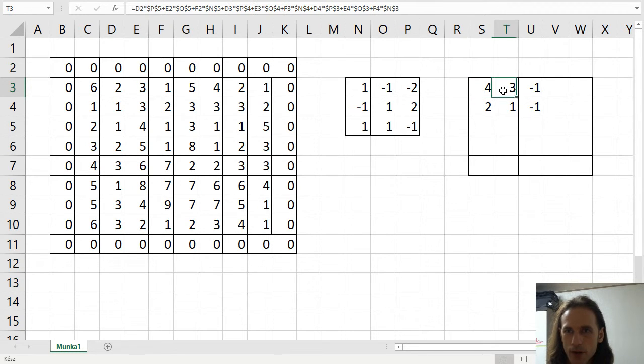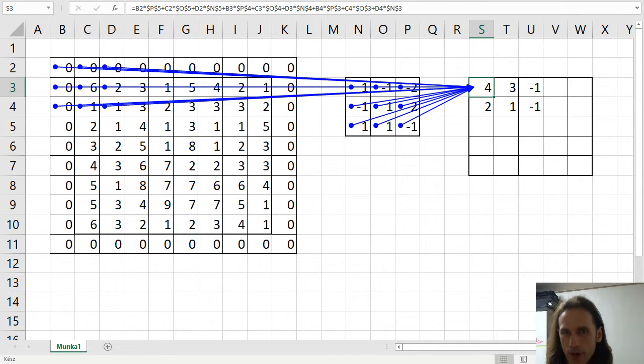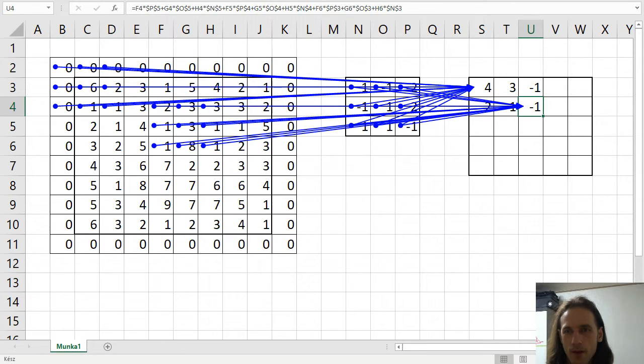So yeah, this is how it works. These are the parts these things come from.